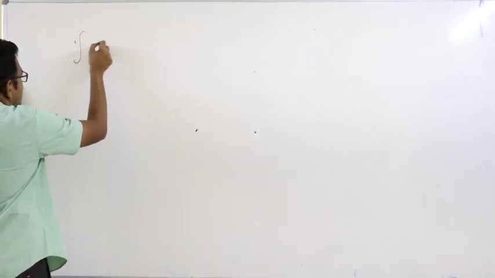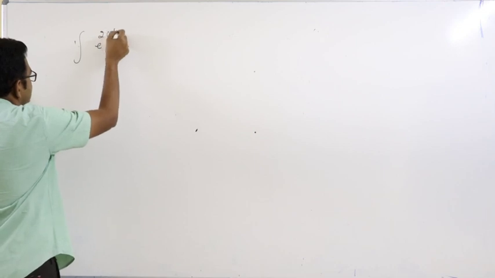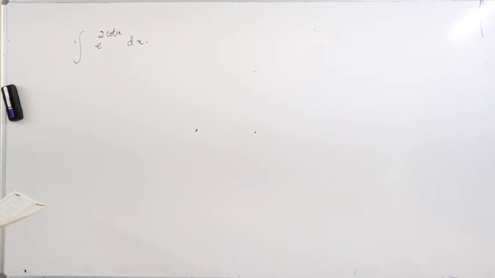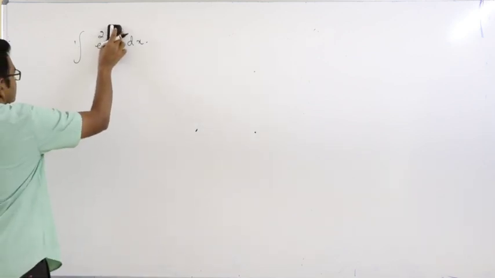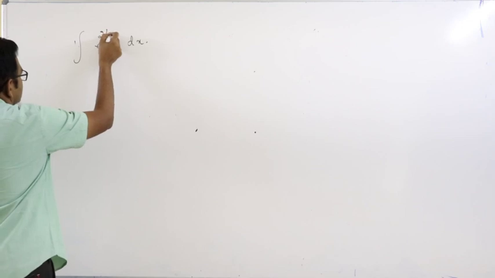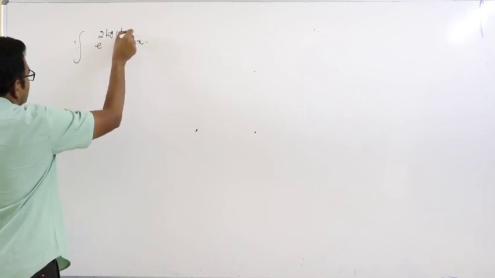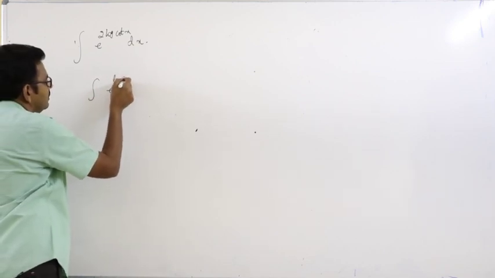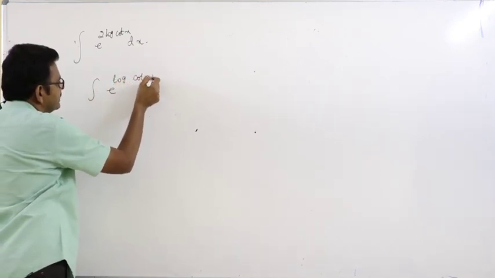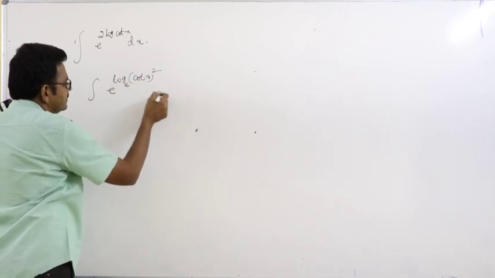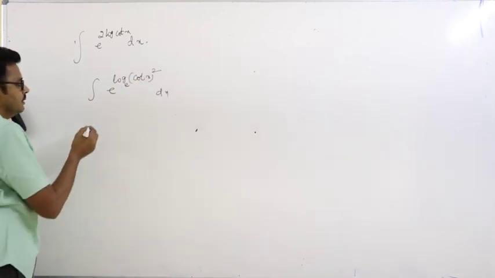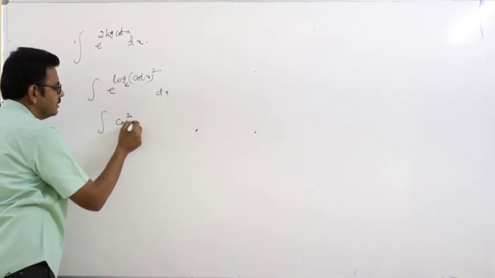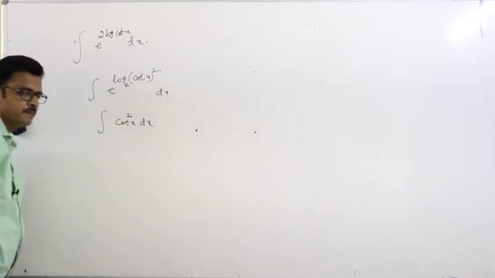Next one, e power 2 cot x dx. Sorry, this is e power 2 log of cot x dx. So this is e power log of cot x whole square base e dx. So using the formula, this is cot x whole square, that means cot square x dx.